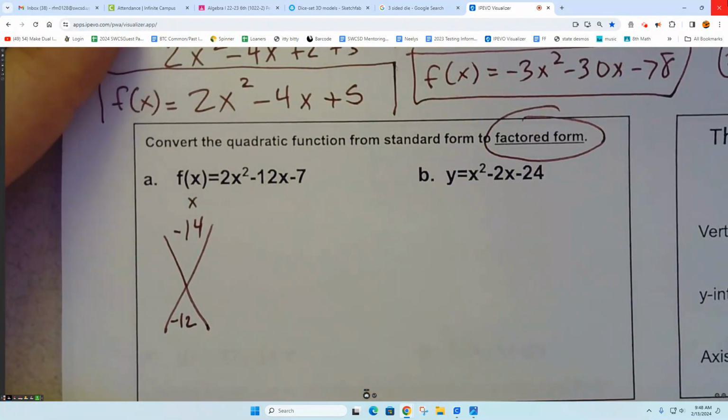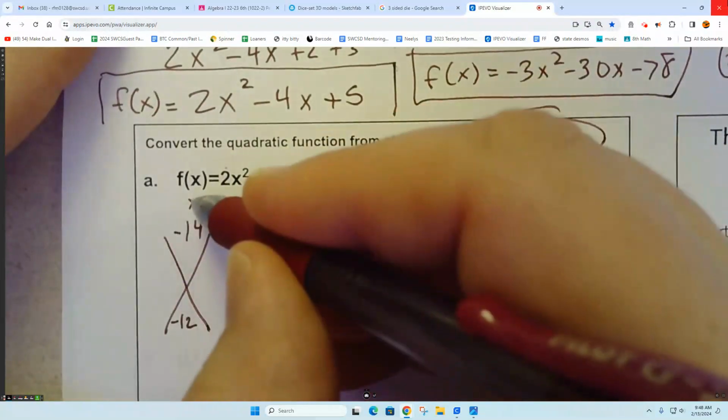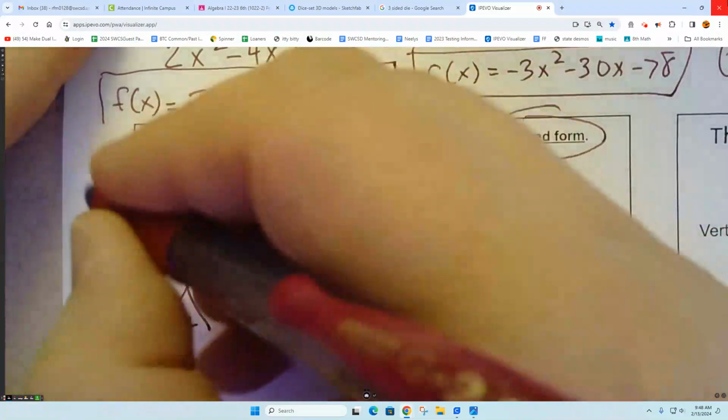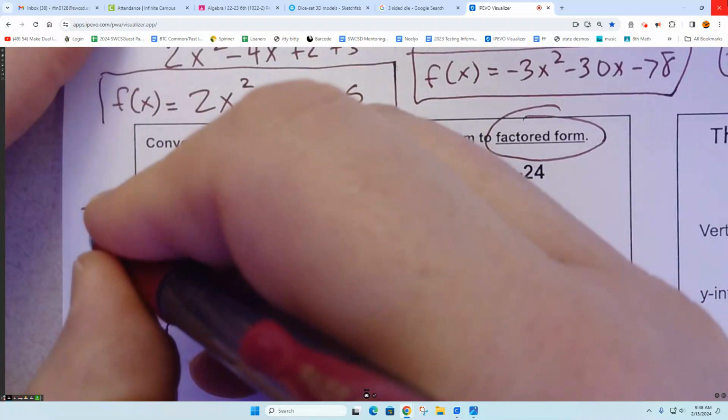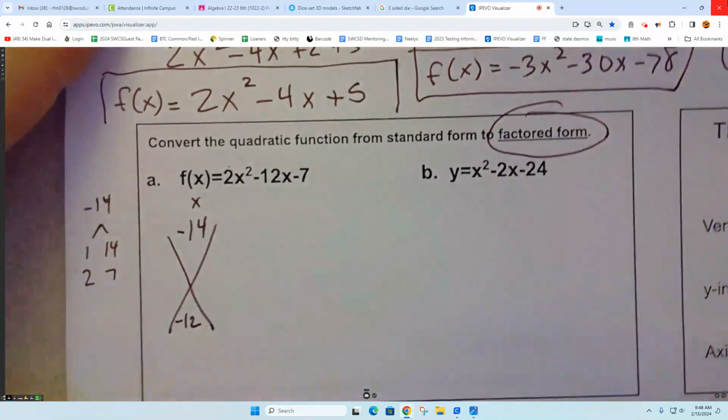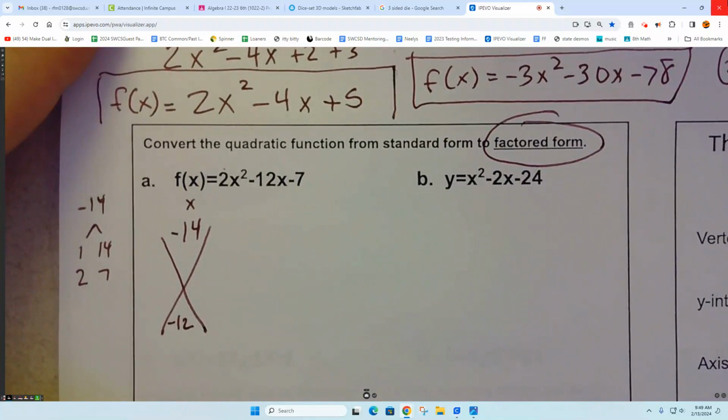Is this a bad problem? I don't know if that's right. How did you get negative? This is my AC, right? I have a negative top and a negative. Negative 14 is 1 and 14, 2 and 7. That has to be negative.